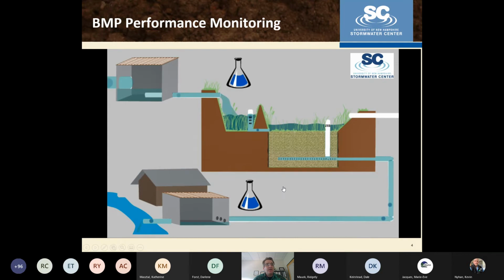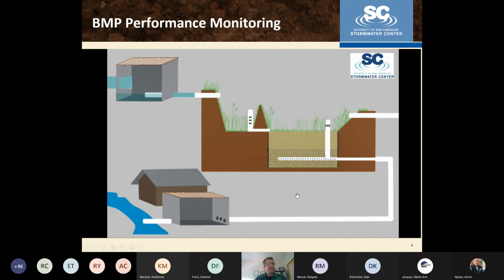But water would flow into a system. It would filter through, be collected via an underdrain, because again, it's in a very restrictive clay soil, and then flow to our sampling gallery where we're quantifying effluent water. So the influent characterization versus the effluent characterization gives us our performance metric.